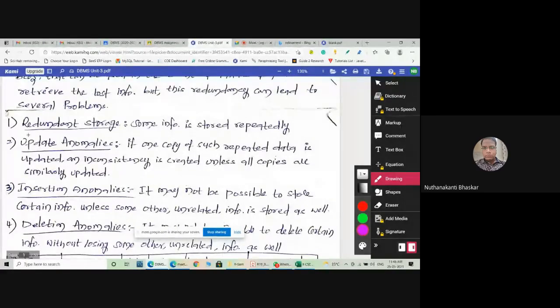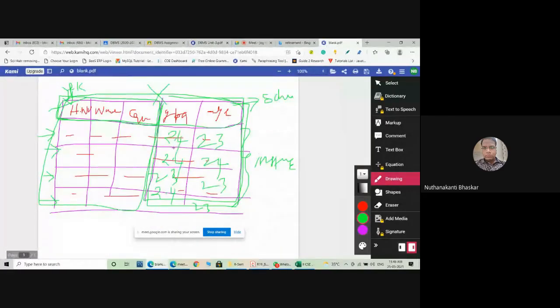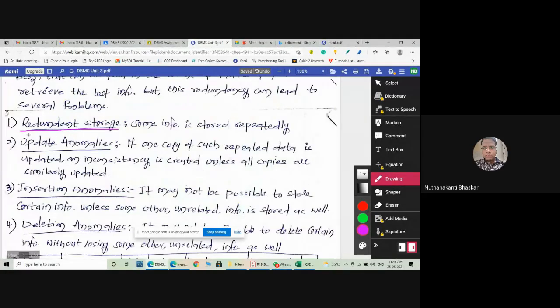The first problem is redundant storage. That means the same data we are storing these many times. If we store the same data 3 times, we are utilizing 3 times the memory for the same data. So the first problem is redundant storage. We are storing the same data in more storage locations, which wastes memory.